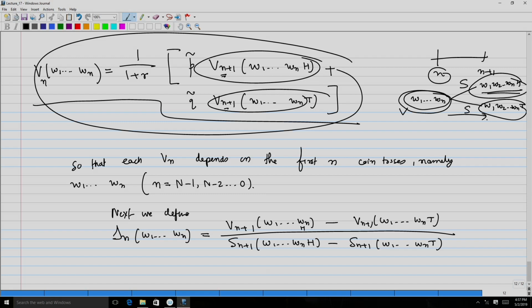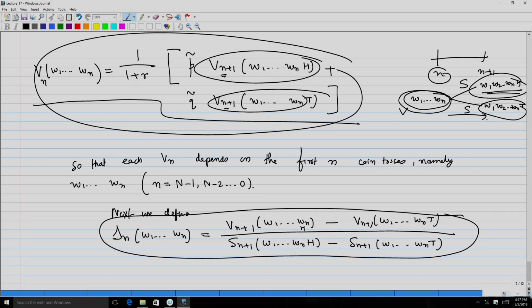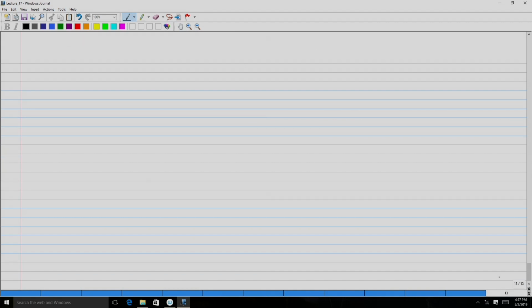So, you have now defined what is Vn and also what is going to be your delta n, where of course your n is going to be equal to n minus 1, n minus 2, all the way to 0.